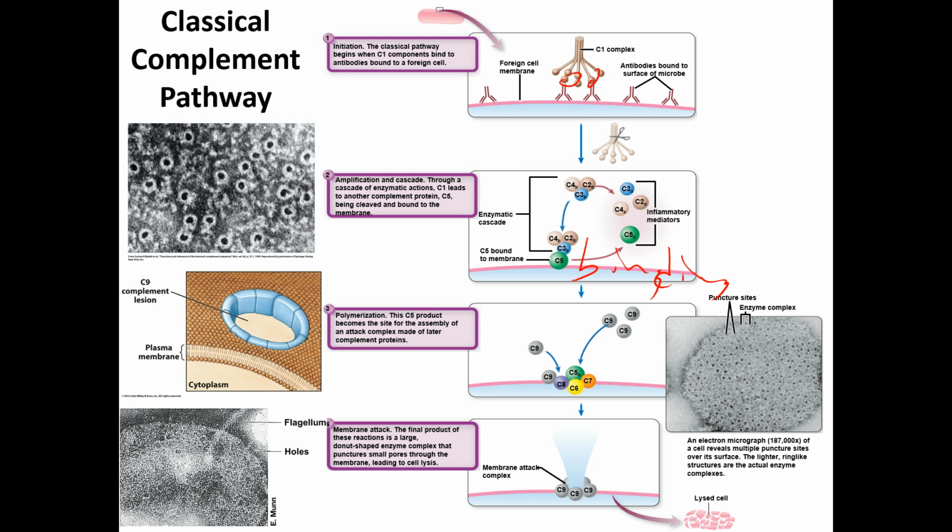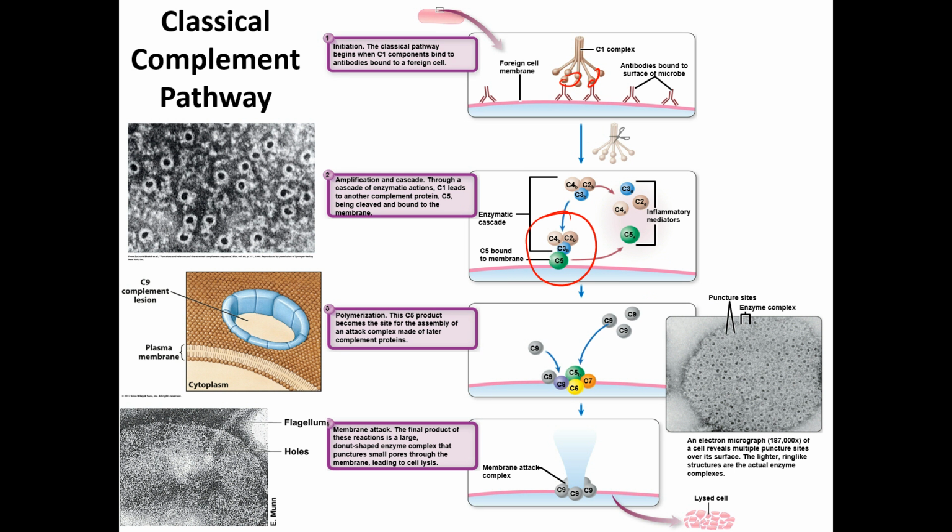So there's a lot of crosstalk between the inflammatory immune response, phagocytosis, complement, and humoral immunity. So you have these series of complement factors that bind to the microbial cell surface.